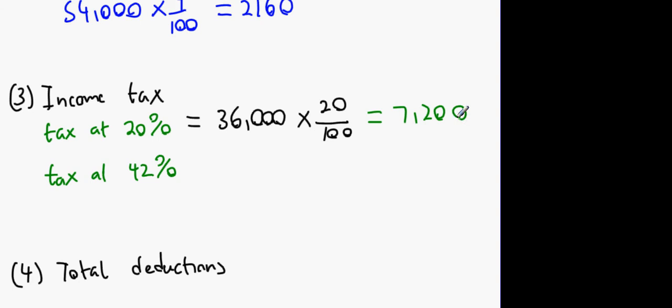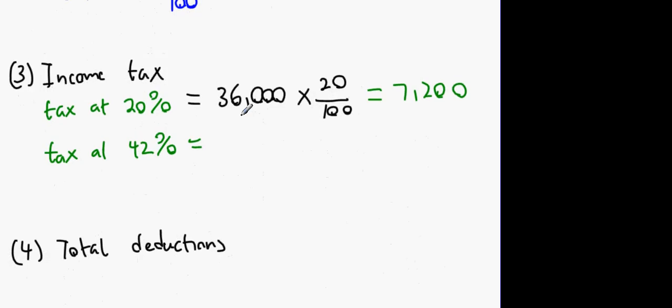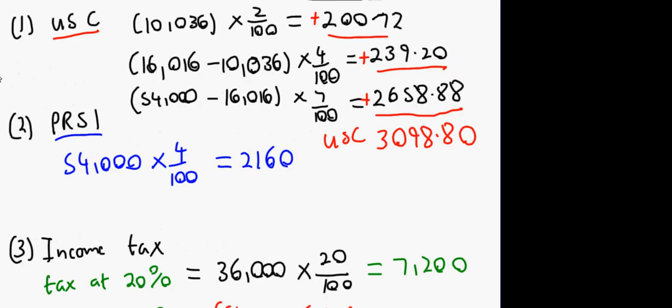Now, the next one is we have to find how much money we make over 36,000. So what we can do is get 54,000, take away 36,000, and then whatever answer that is, we can multiply by 42%. Yes, 42%.